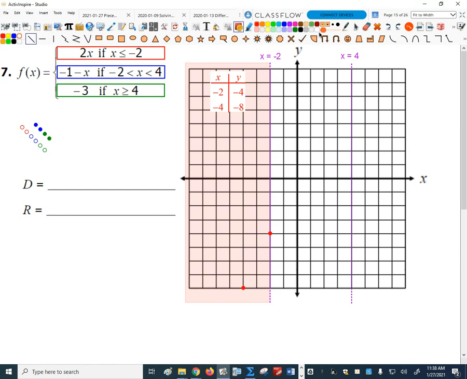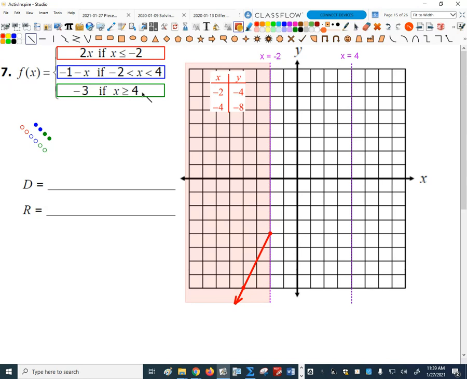So we've got something like that. So there's my red piece.